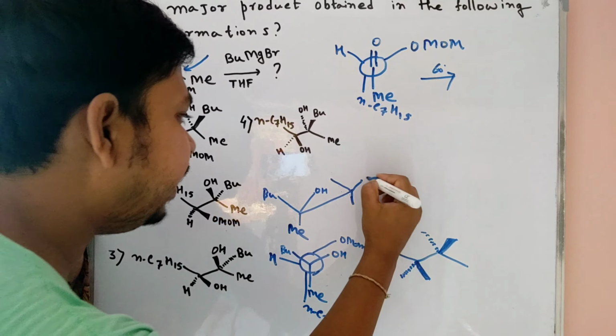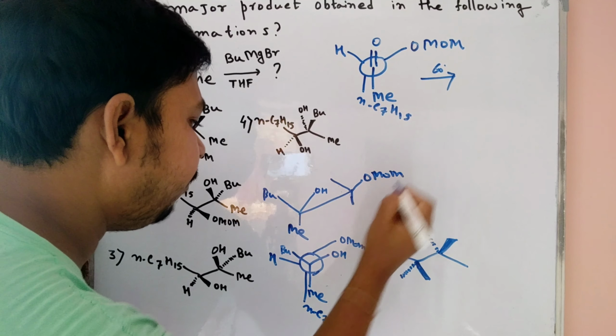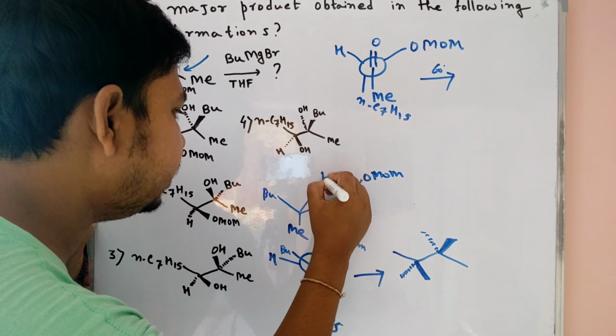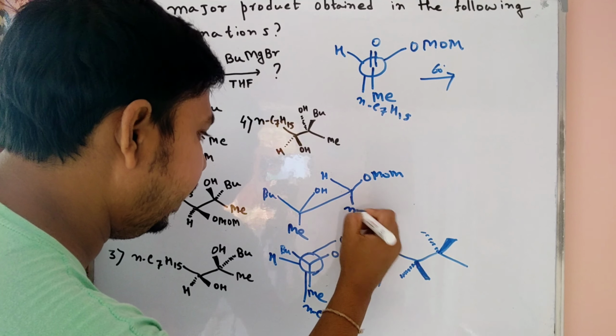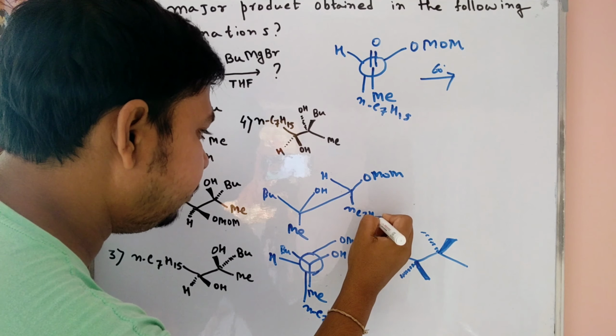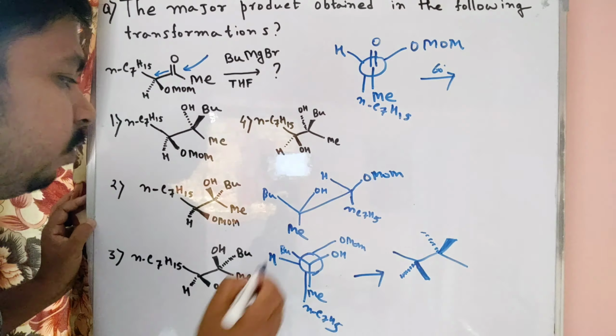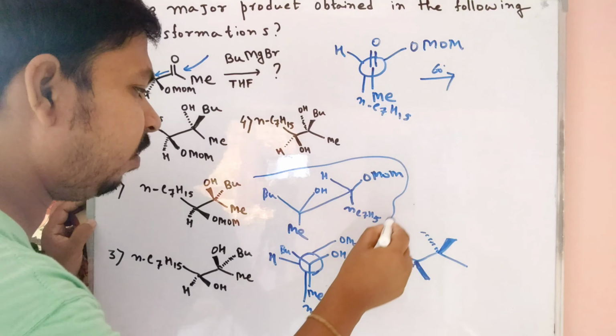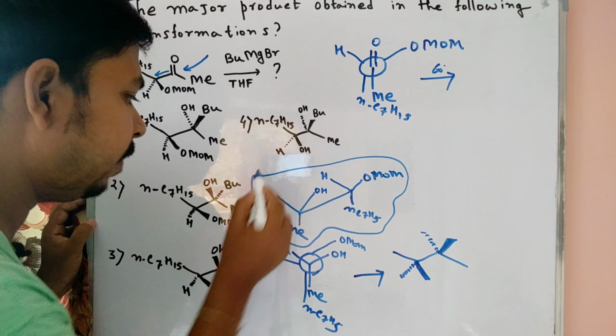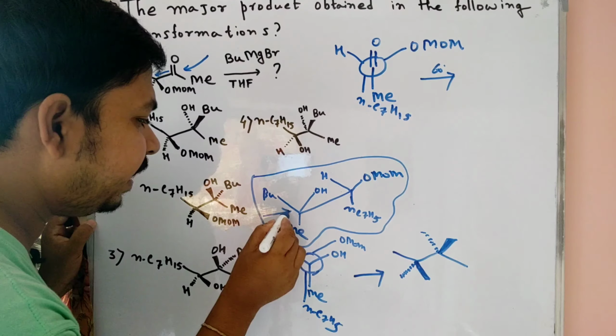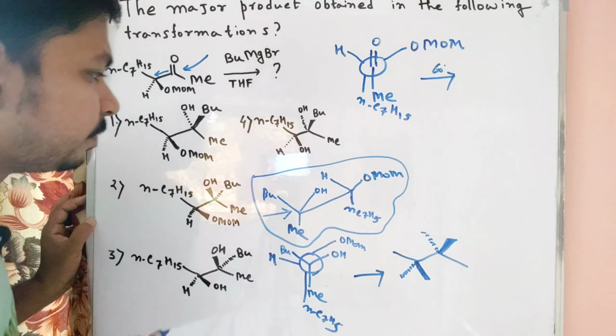Then our right side is OMe, and our hydrogen is on this side, and downside NC7H5.